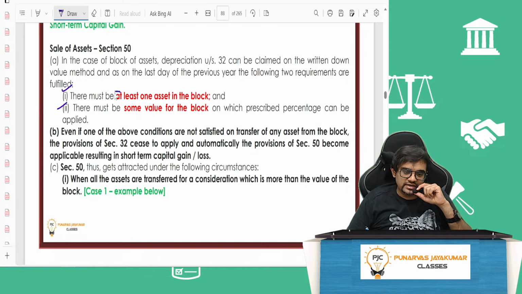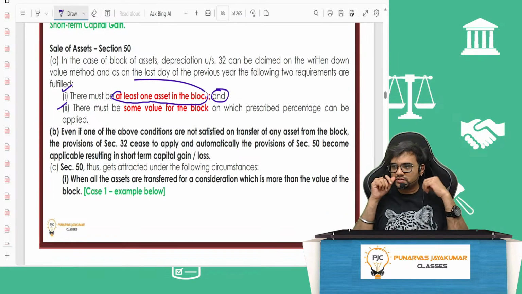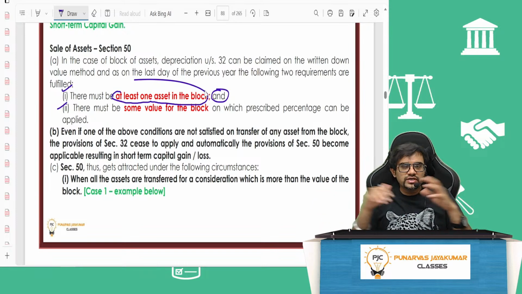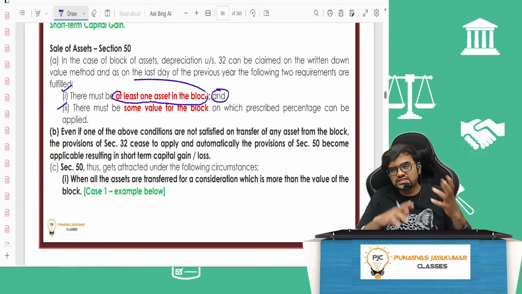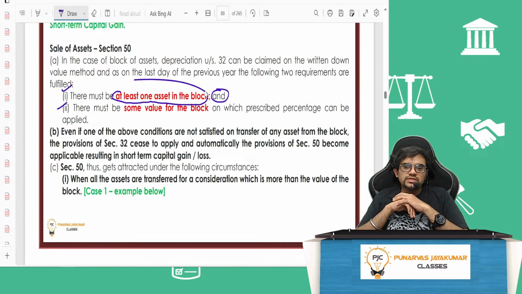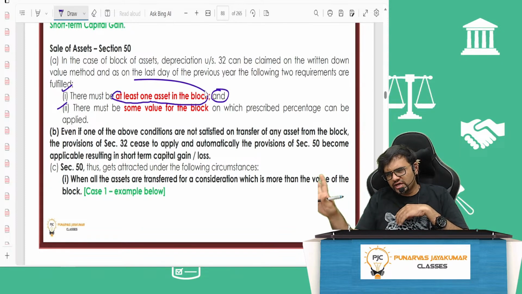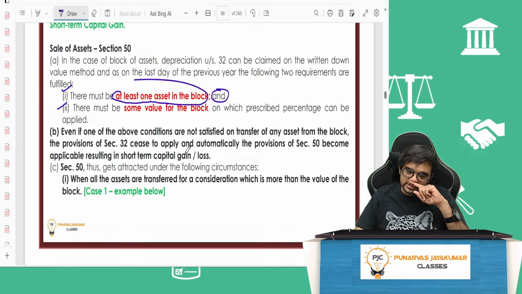At least there must be one asset in the block, and there should be some value left in the block. If there is value left but no asset, there is no concept of WDV. If assets are there but no value, then there is also no concept of WDV. For WDV to exist, there has to be some value and at least one asset. So what happens if other things happen? We'll see here.